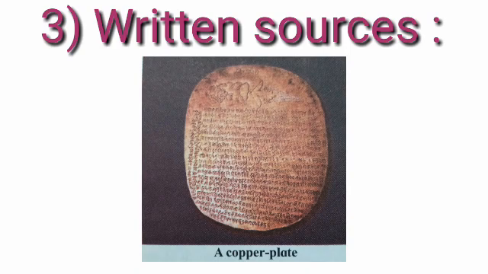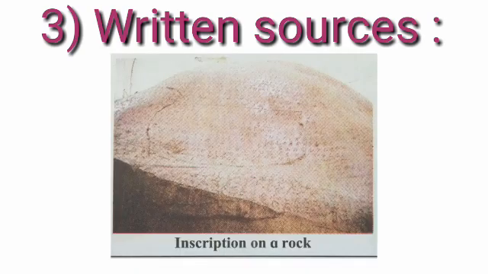In the beginning, man wrote on potsherds, unbaked bricks, by using painted objects. He also used bhurjpatra, the bark of the birch tree, to write.